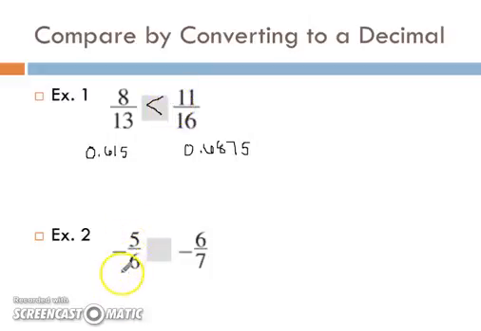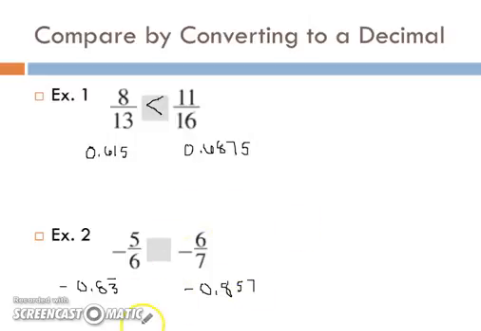Comparing these two, I have negative 5/6 and negative 6/7. So 5 divided by 6 is negative 0.83 repeating. 6 divided by 7 is negative 0.857.